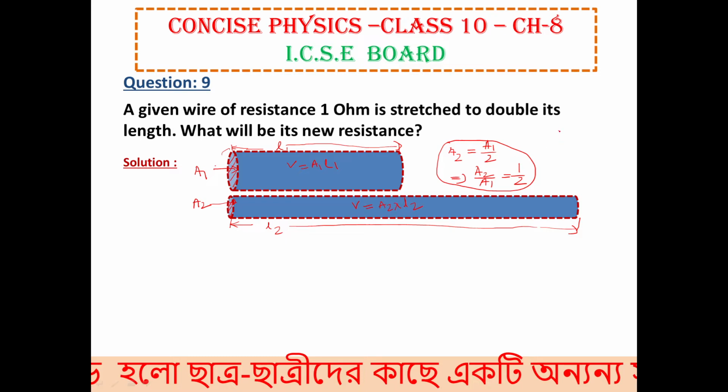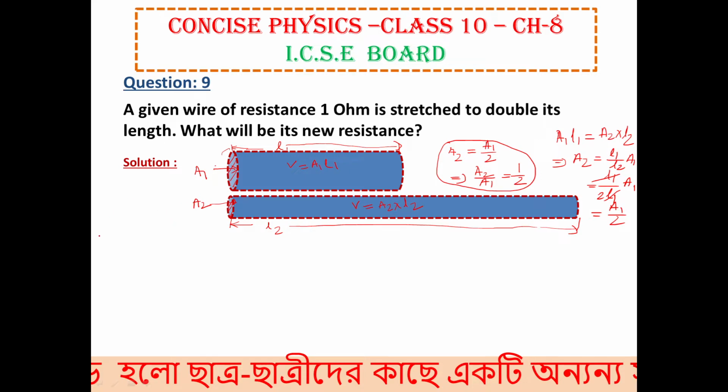If I equate this, A1 into L1 equal to A2 into L2, and I am getting A2 equal to L1 by L2 into A1. Here L2 equal to 2L1, so if I cancel L1 and L2, we get A1 by 2. So A2 will be equal to half of the initial cross section.